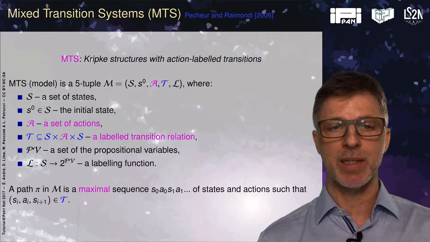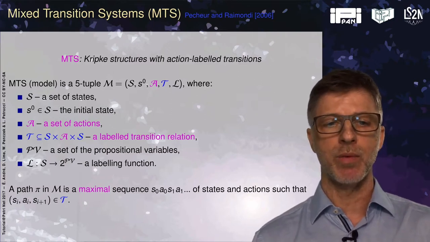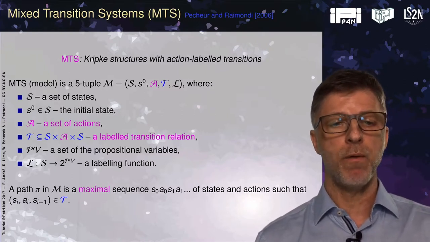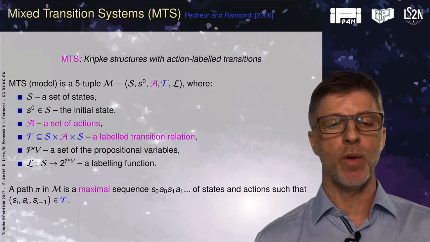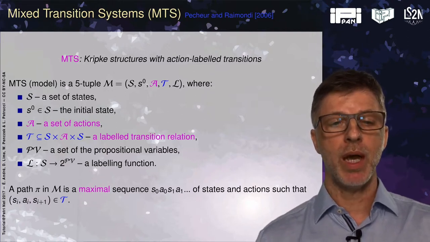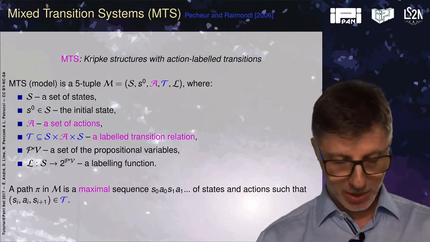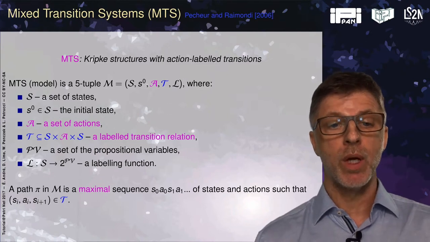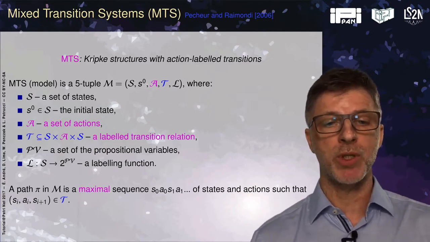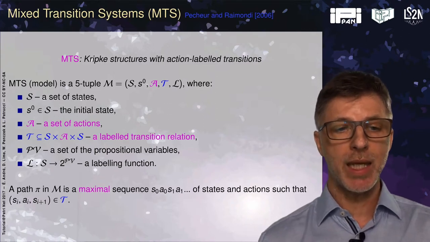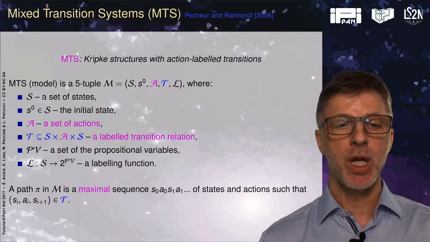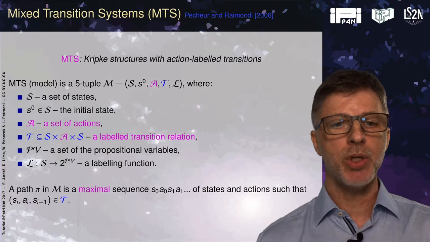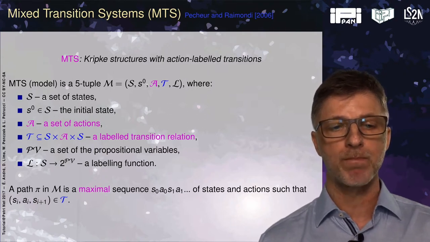So this is a labeled transition relation. We label all transitions with actions. And because we want to assign formulas to the states of our model, we need to have propositional variables. And so this is a component of our model. And in order to know which propositional variables hold over which states, we have a labeling function which assigns with every state a set of atomic propositions which are assumed to hold over that state.